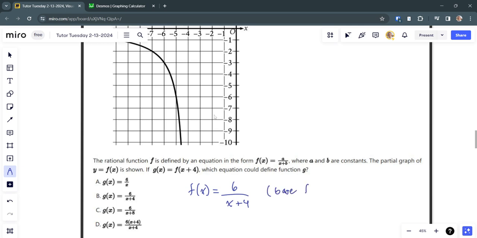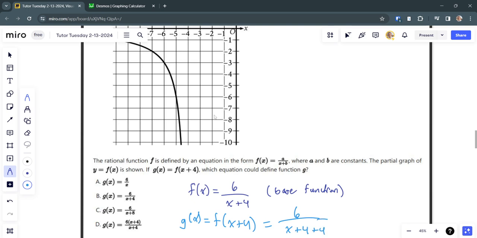This is the base function. And since this is our base function, if we take g of x equals, or sorry, f of x plus 4, that's the same thing as 6 divided by x plus 4 plus 4. It's going to be answer choice C.